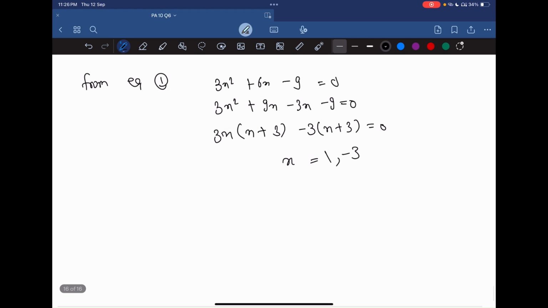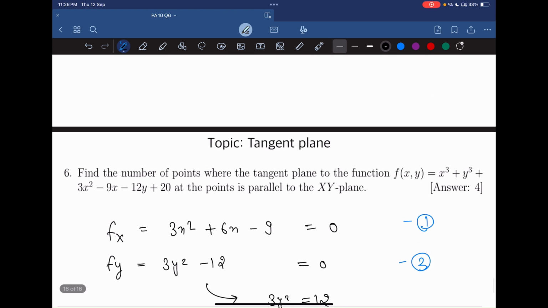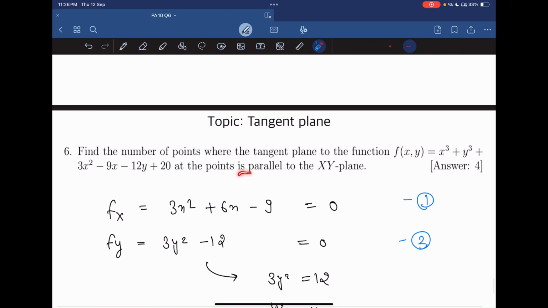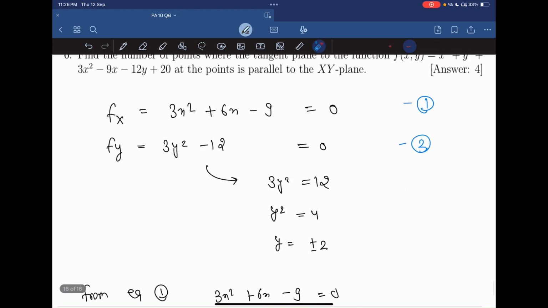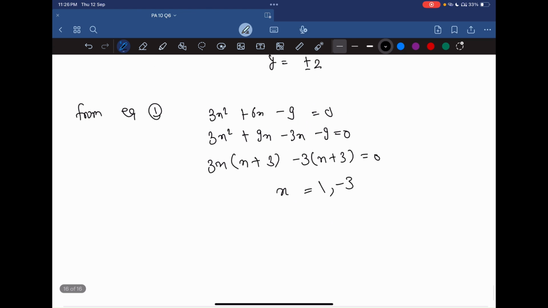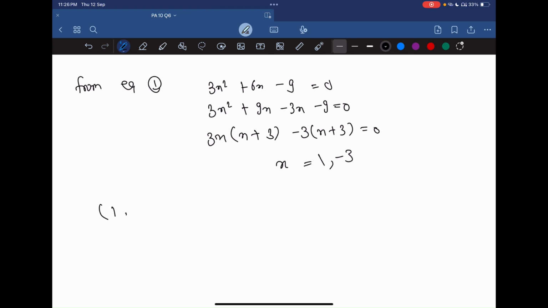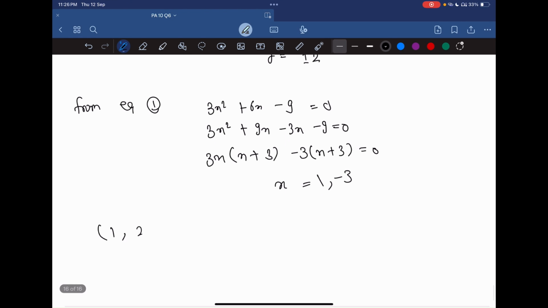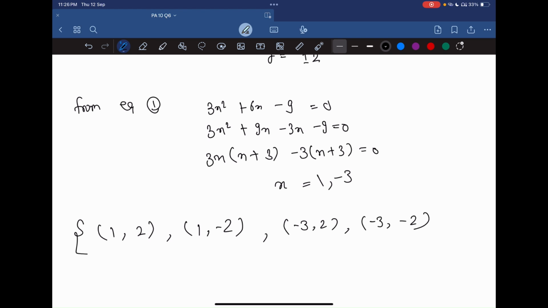So the points at which the tangent plane would be parallel to the xy plane are, if x is 1 we can take 1, 2 and 1, minus 2, and minus 3, 2 and minus 3, minus 2. So these are the points at which the tangent plane would be parallel to the xy plane. Thank you.